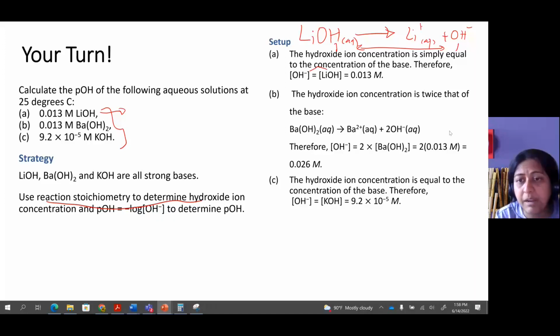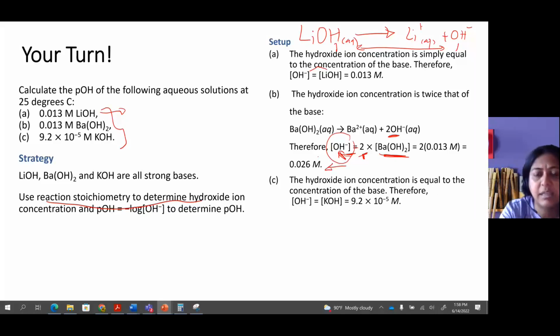In barium hydroxide, as you see in the equation, it produces two hydroxide ions by ionizing 1 mole of barium hydroxide. Therefore, the concentration of barium hydroxide should be multiplied by 2 to get the hydroxide concentration in the barium hydroxide solution.